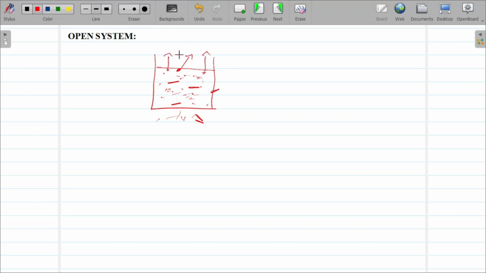That means transfer of energy takes place, yes. So in an open system, there is exchange of energy.